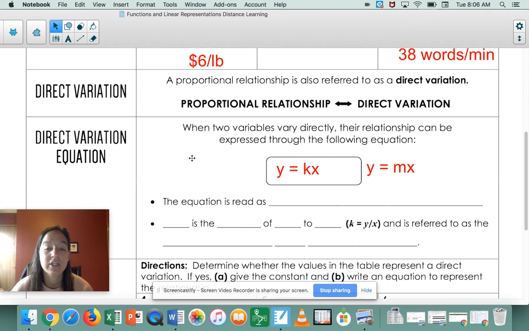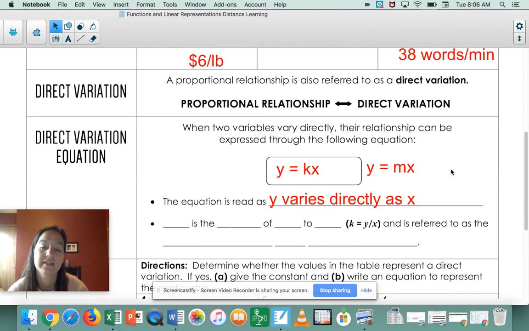So the equation is read, y varies directly as x. They're directly affected by each other. There's no outside variable there.